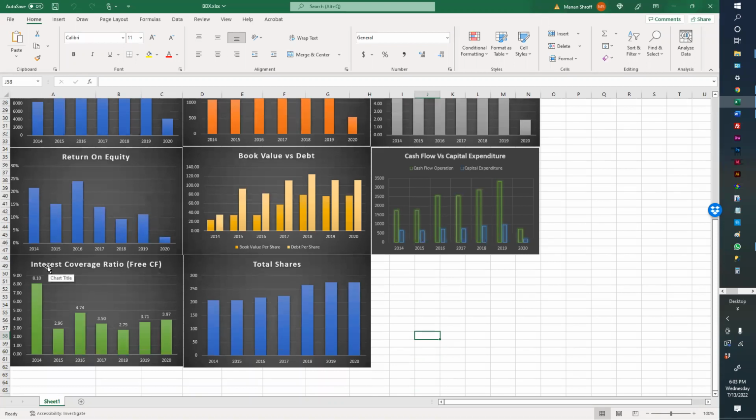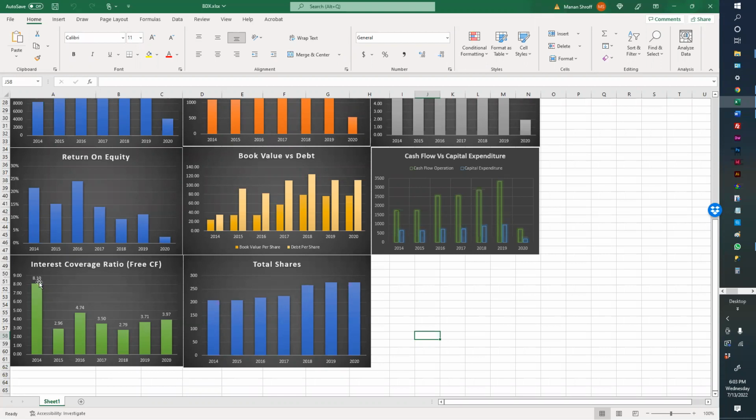I had added one more thing here. It is called interest coverage ratio, because they were buying a lot of companies and their debt was very high. And I want to find out if the interest they pay for the borrowed money is covered by the free cash flow or not.